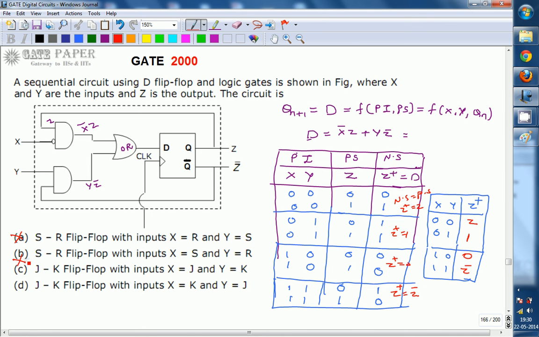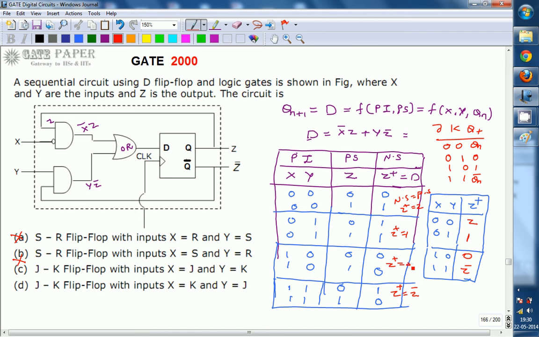We know that for JK flip flop, this is J, this is K, and this is Q plus. If it is 0 0, it will be Qn; 0 1, 0; 1 0, 1; and 1 1, Qn bar. Complement you will get for 1 1, and same state you will get for 0 0. Whenever J is equal to 0, you will get Q is equal to 0.